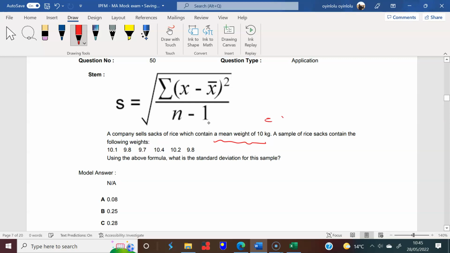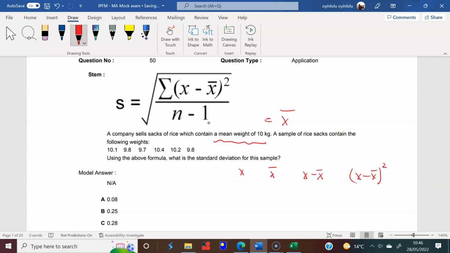So we call this x bar. Then we work through the order: x, x bar, x minus x bar, and x minus x bar squared. Those are the four headings we need.